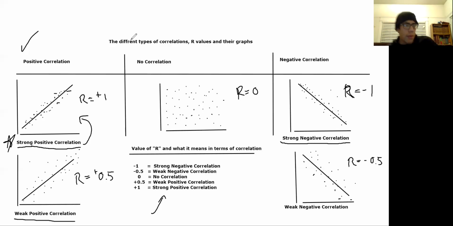Before we move on, I just want to make sure that you understand this a little bit better. Let's use the ice cream example. We found out there is a strong positive correlation between ice cream sales and the temperature. That would mean that every time the temperature goes up, a bunch more ice cream gets sold, a lot all at once, like you sell out, and it happens a lot.